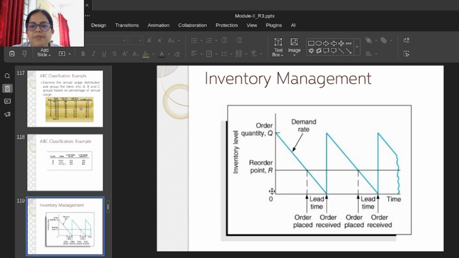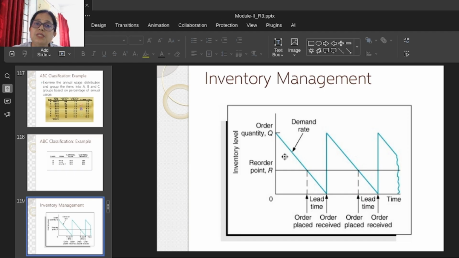The area is half base into height. The base is the unit time, that is 1 month we are carrying. Height is Q. So half into Q into 1, that is Q by 2. So overall, the inventory is always the average inventory, that is Q by 2.